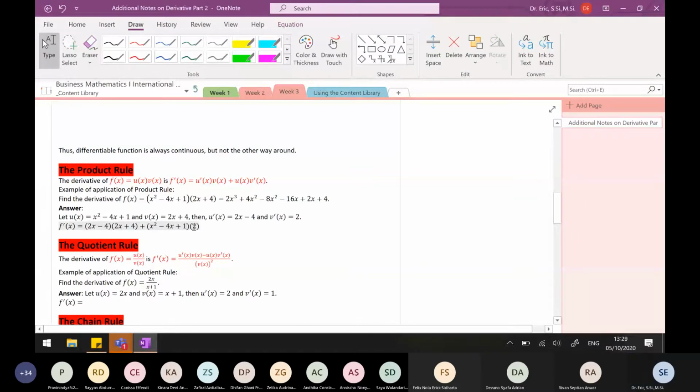And for me, this is enough. You don't have to expand this by multiplying one by one.